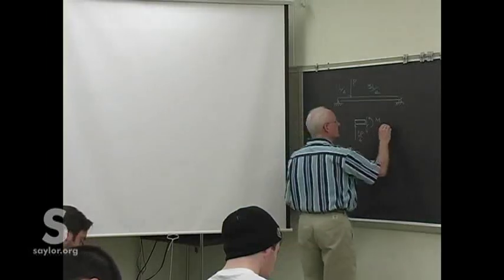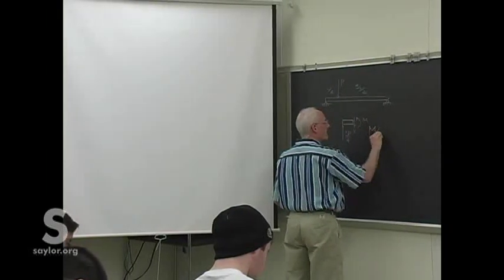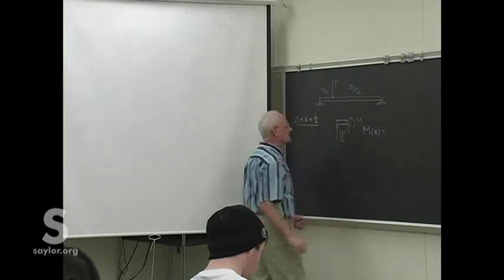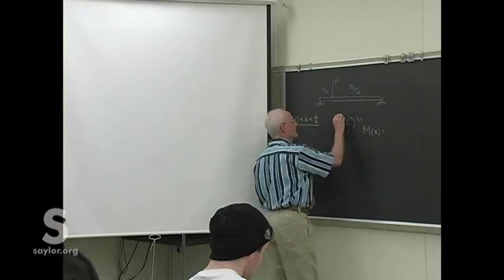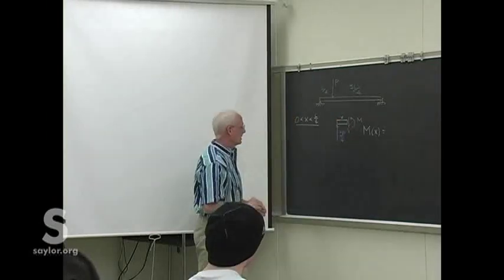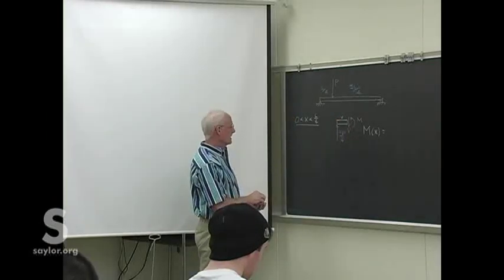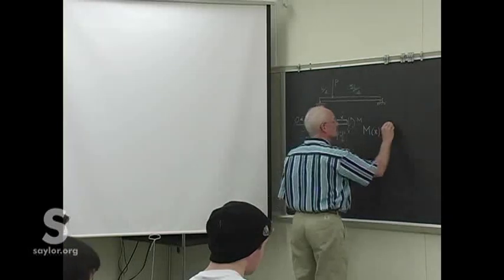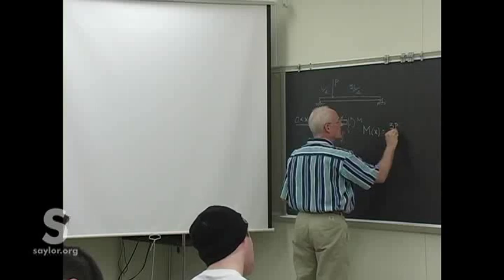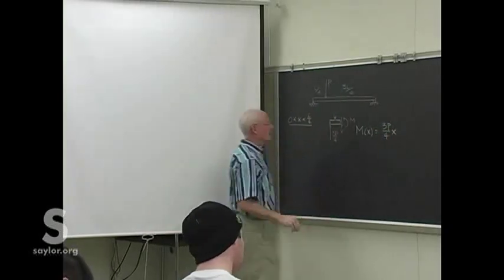And so the moment as a function of x, by the way, a little piece x long, is 3P over 4 x.